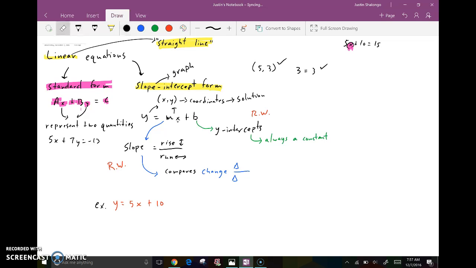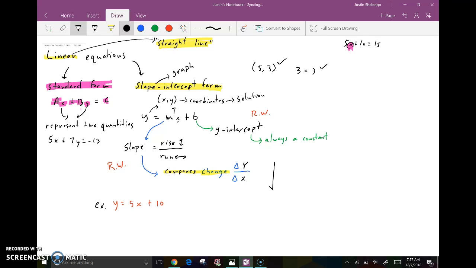So a little bit about these two things, y-intercept and slope. Slope is the rise over the run, and the slope compares the change in the y variable over the change in the x variable. So when you rise, you change in the y, right? And when you run, you change in the x.